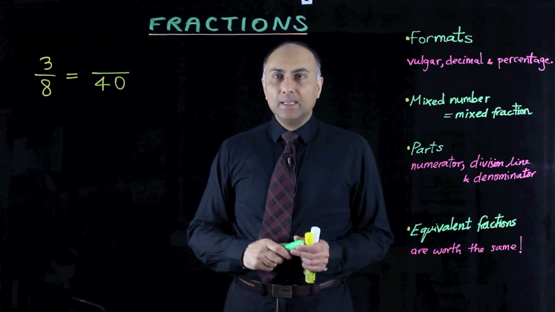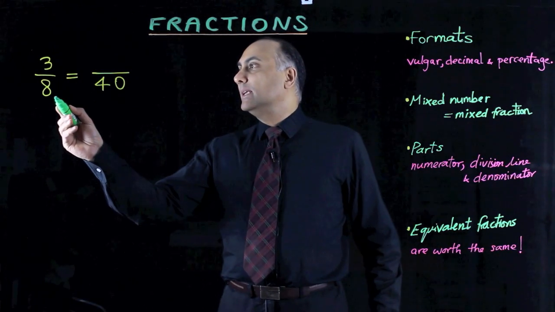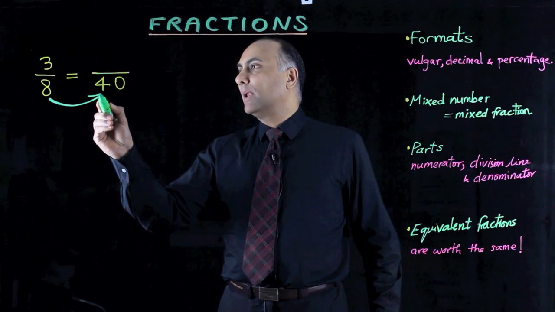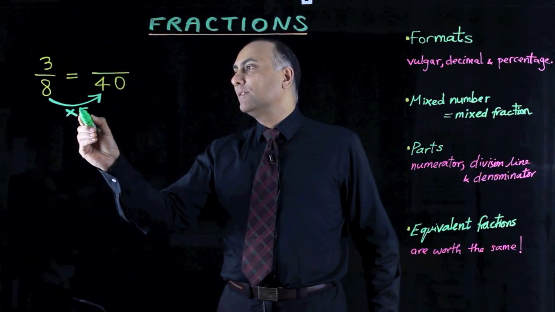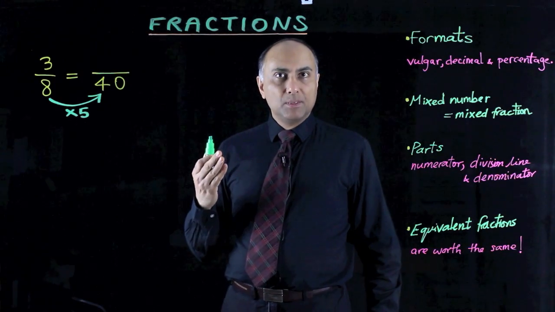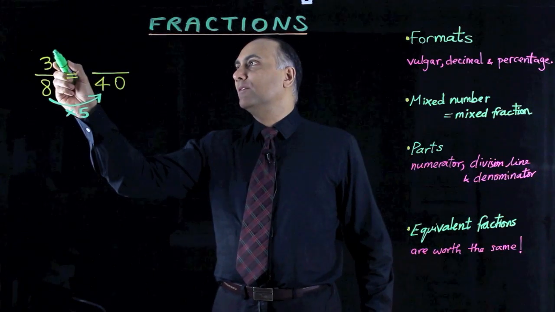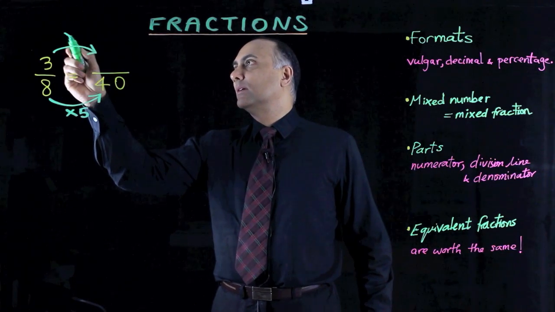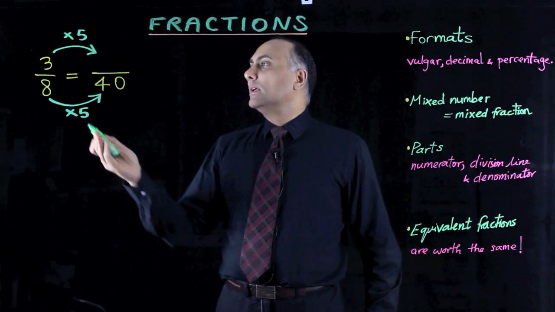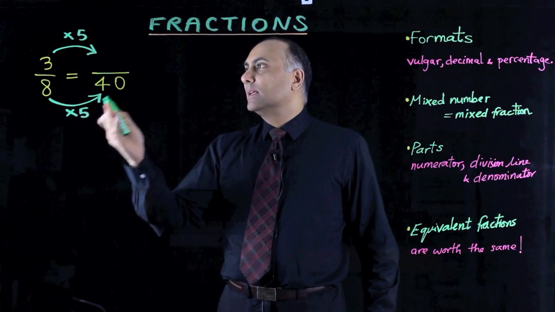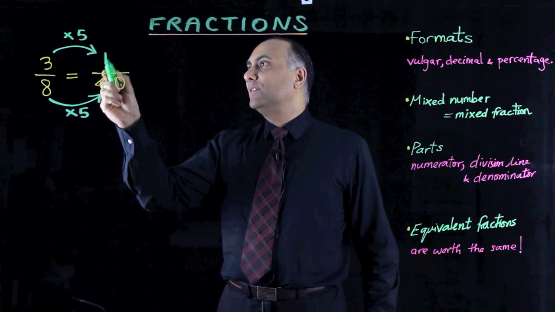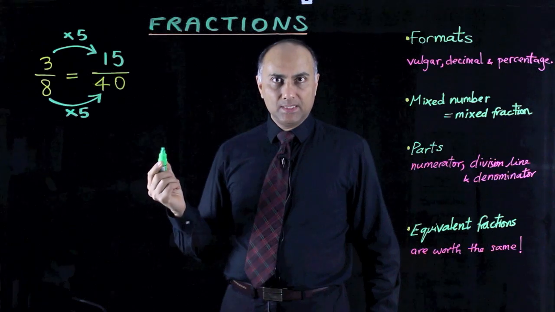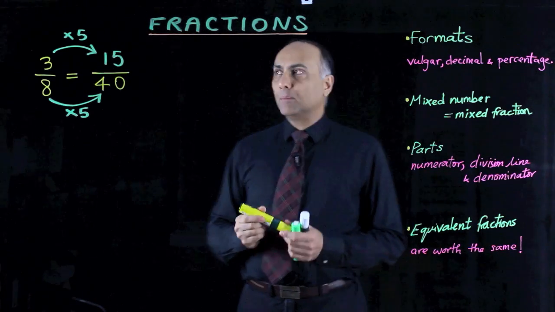And what we would say is that since the denominator has been multiplied by 5, we must multiply the numerator also by 5. So 3/8 is equivalent to 15/40.